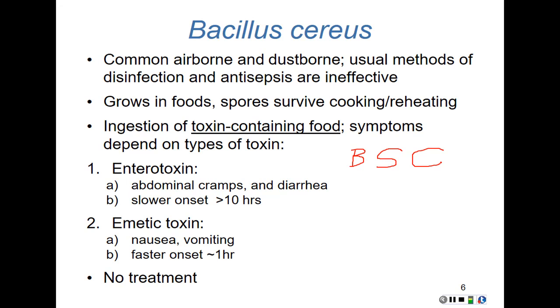The chemicals are the toxin, but B in big scary chemicals stands for what? B cereus. S stands for Staphylococcus aureus. And then C's coming up. That's Clostridium botulinum.